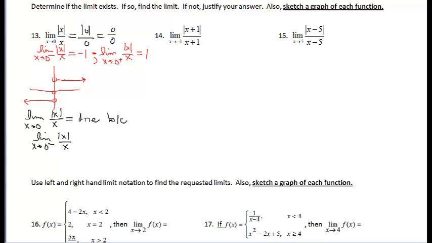Here what you're saying is the left limit does not equal the right limit, and your work up here supports this statement that you have down here. So this is a jump discontinuity, the limit fails to exist, and the explanation is because the left limit does not equal the right limit, and this is the correct notation.